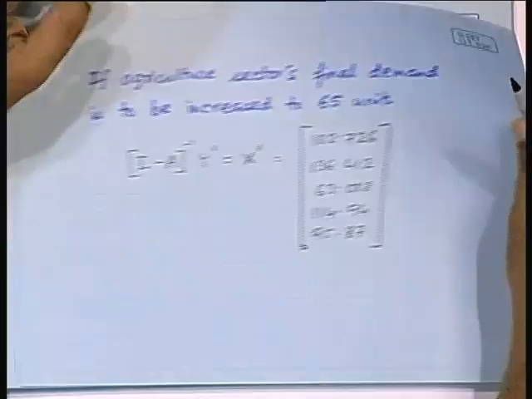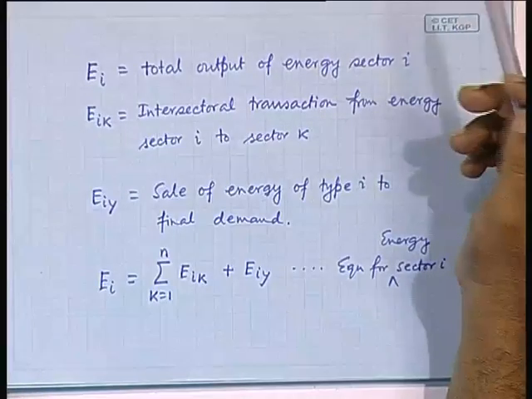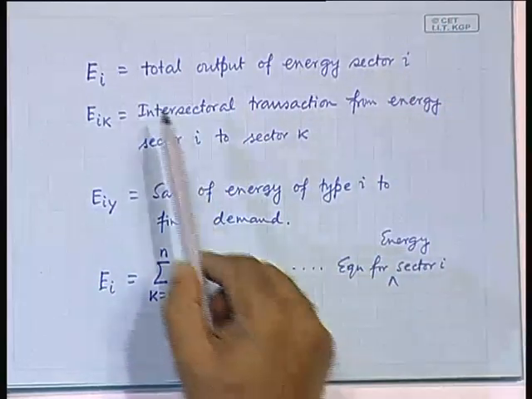From here, at the end of the last class, we had started the next step. We are now talking about the energy sector specifically. We are trying to extract the information about the energy sectors from these matrices that we have constructed.